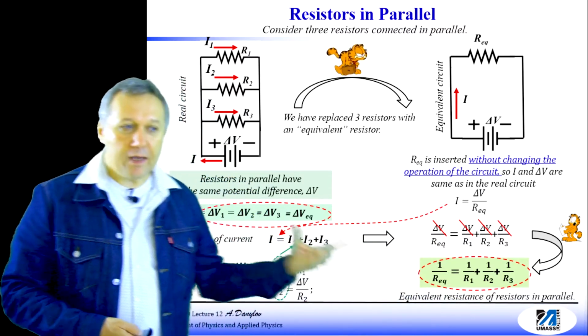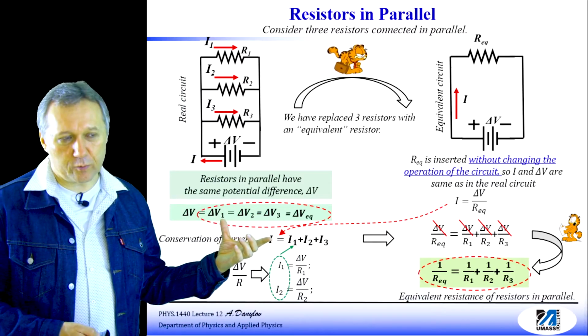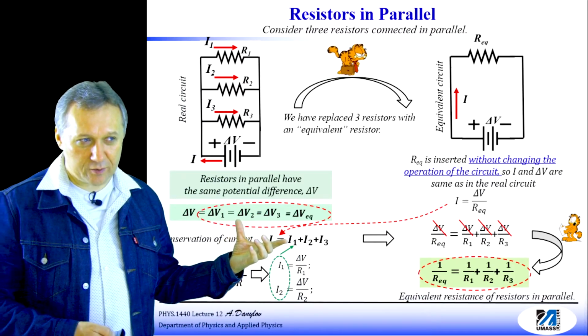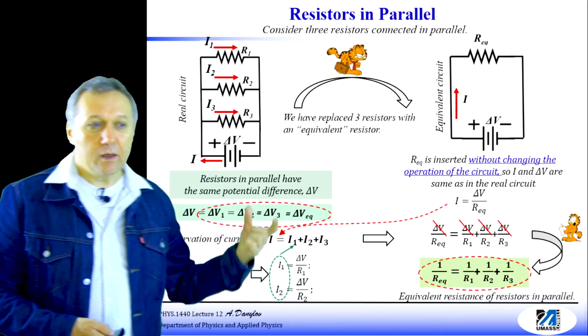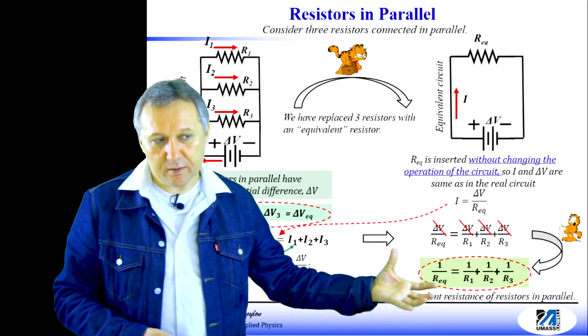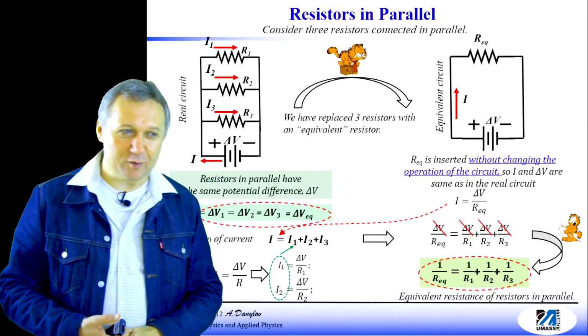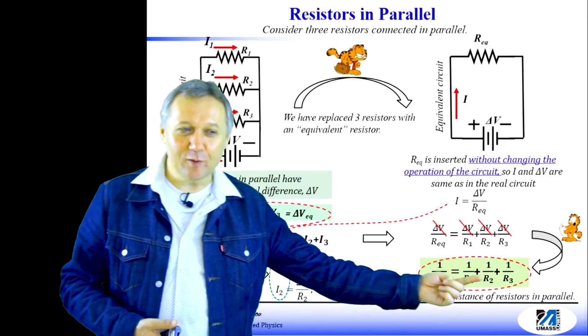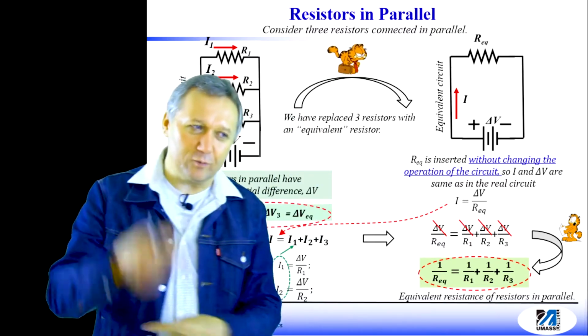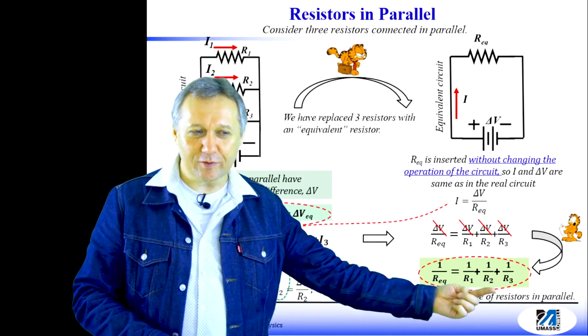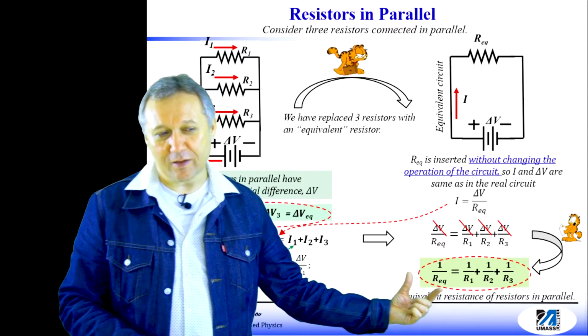And this piece of physics is what we will need to analyze circuits full of resistors connected in series or in parallel. Again, typical mistakes. Every semester, a few students make that mistake when they calculate all these reciprocals and call it R equivalent. Don't forget to flip at the end. When you calculate all those reciprocals, flip it in order to get R equivalent.